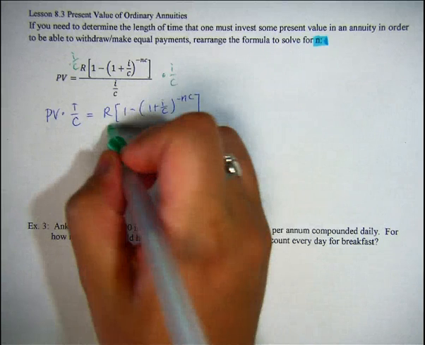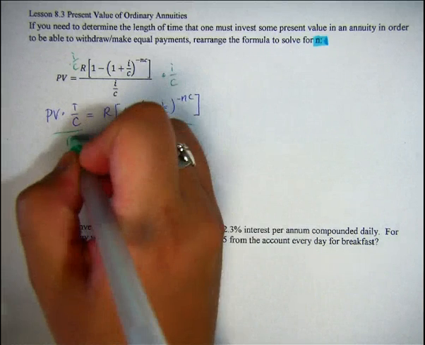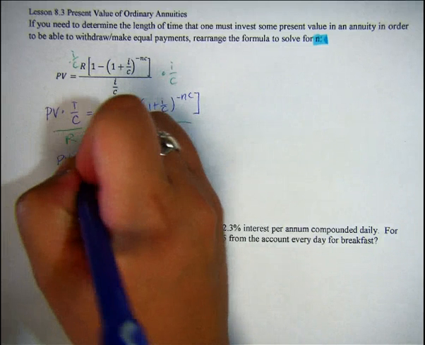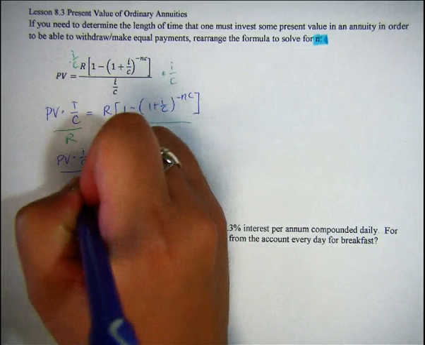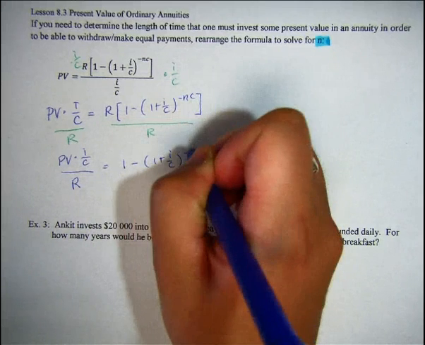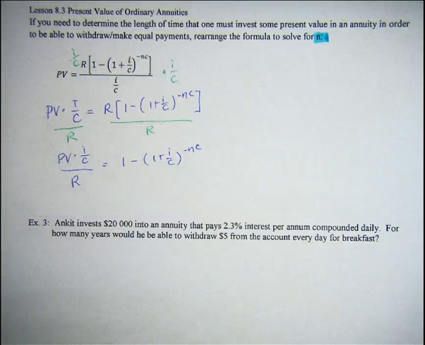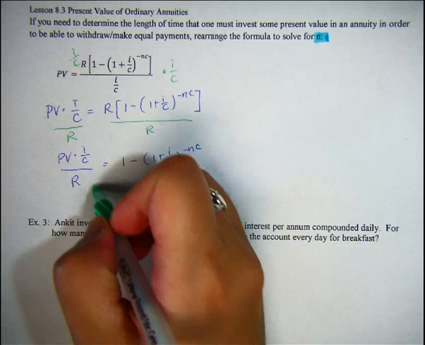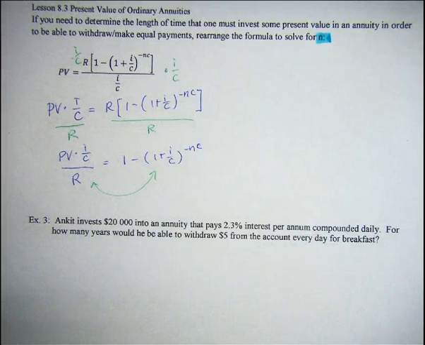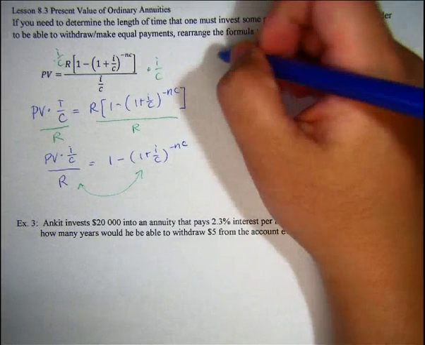Let's divide both sides by R so that we can move that R to the other side. We get PV times I over C over R is equal to 1 minus 1 plus I over C to the negative NC. What I'm going to do is I'm just going to move this to the other side, and then I'm going to move this entire term to the other side like so, just to switch their positions and get rid of that negative in front here.